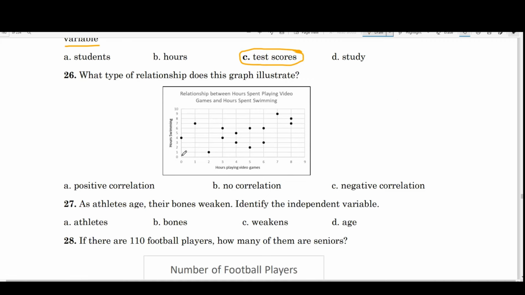If I were to draw a line through here, like this would be positive correlation, but most of the dots don't group around the line, they're kind of just scattered about. So in this case, it would be no correlation.